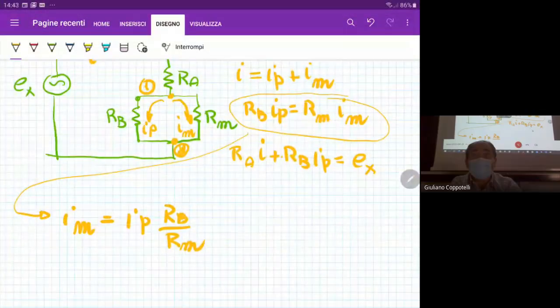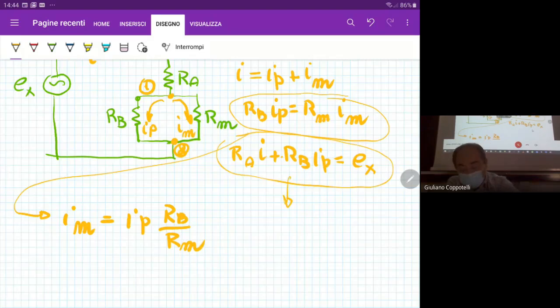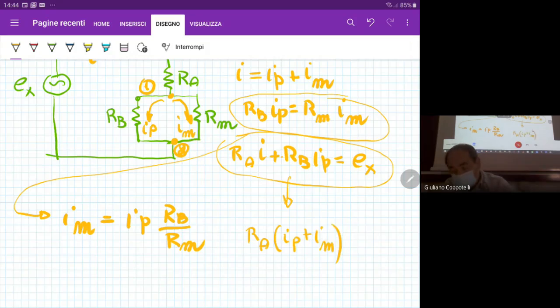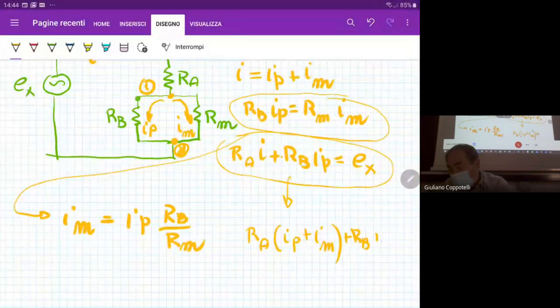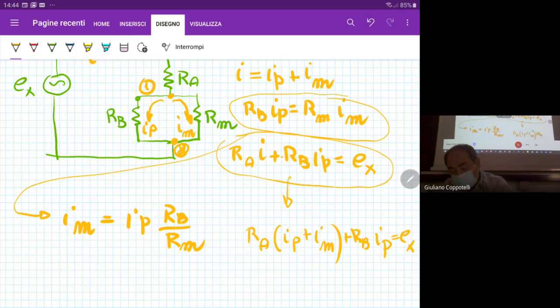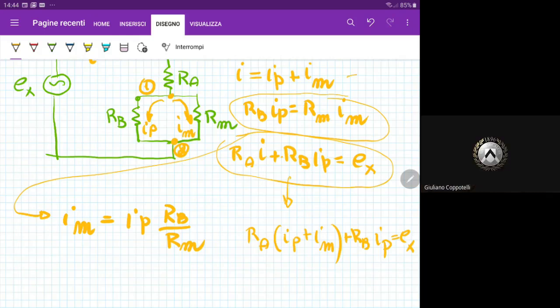From this last equation, what you can say is that RA times IP plus IM, and RB times IP, is equal to EX. Can you see that? I make use of the first equation here.